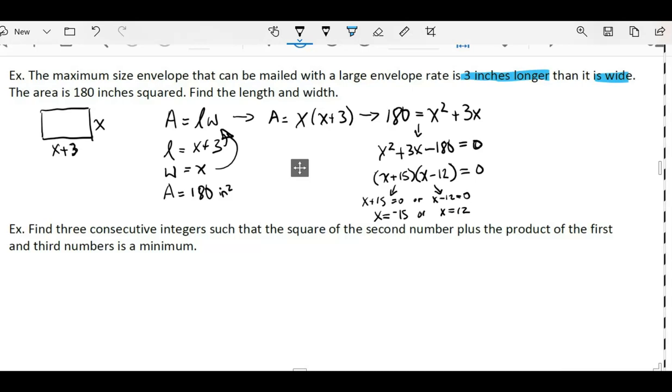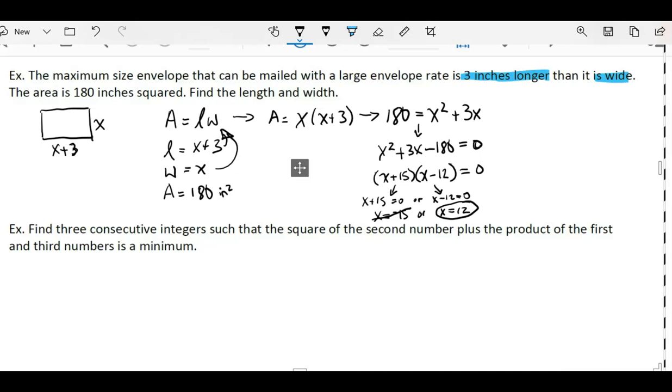Now, since these are dimensions of an envelope, x equals negative 15 wouldn't work because you can't have negative distances. So x equals 12 is our value for x.